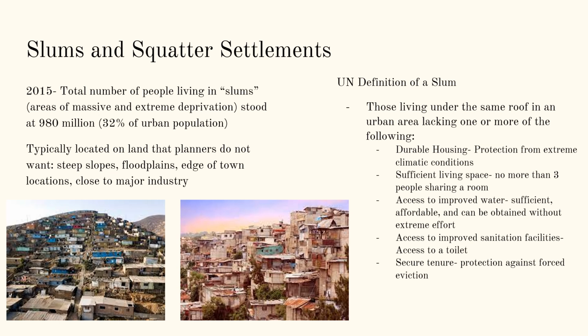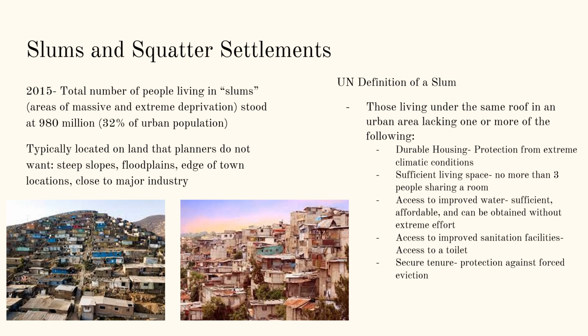So for one, if it does not have durable housing, so protection from extreme climatic conditions, you don't have a roof over your head. It is a house, but the roof is leaking, or there's not enough. You don't feel safe in the place that you're at in terms of it physically falling or something like that.